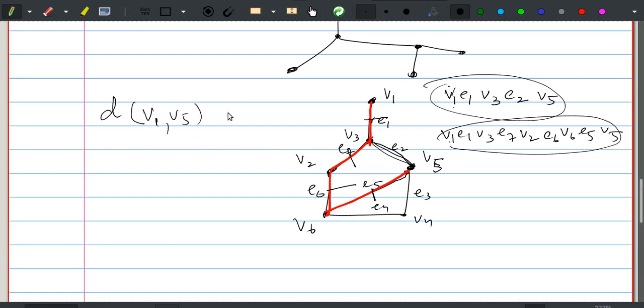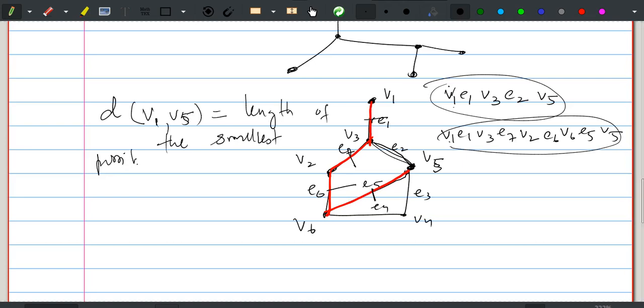This is actually defined to be the length of the smallest possible path between v1 and v5.